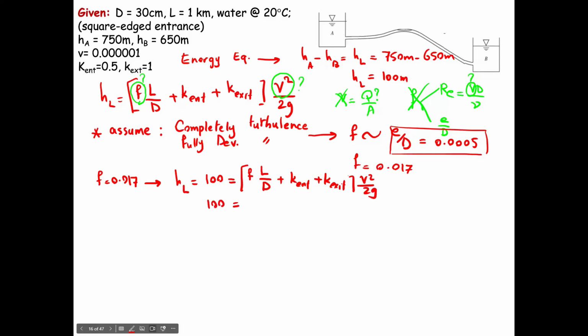I have F right now. Actually, it's my assumption, so I'm not sure still. See if you can find velocity from this one and give me the number that you calculated.